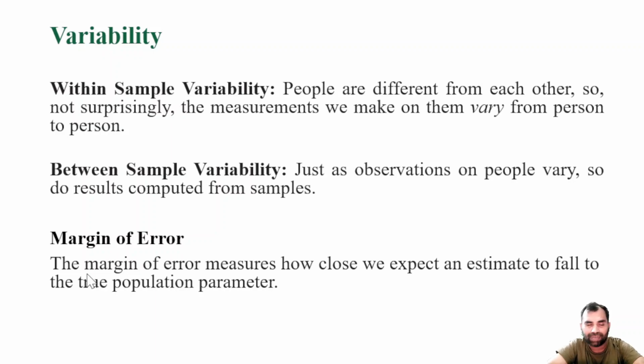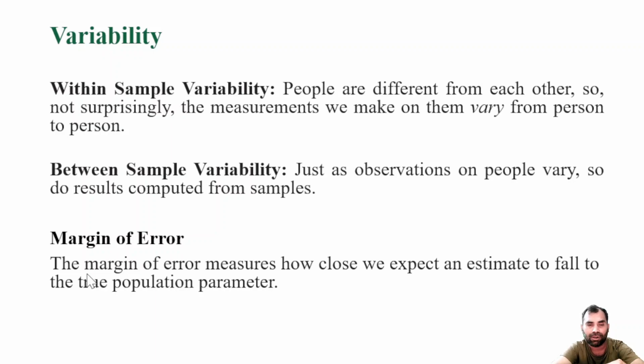So, margin of error. Let me explain. Margin of error means how close the sample statistic is to the population parameter. I will give you an example. For example, the average height of people in country A is 180, so the population mean is 180.